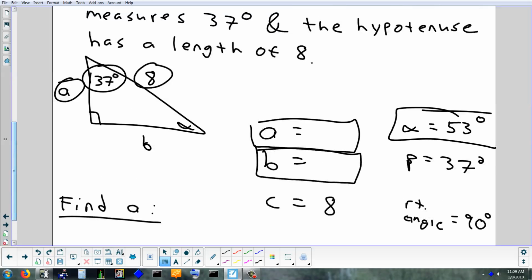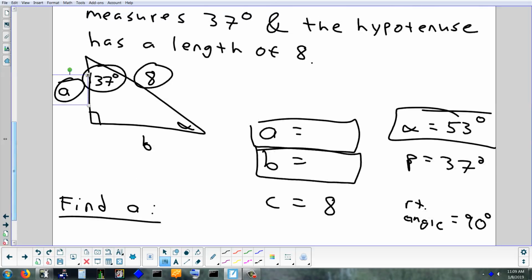Now, I've got to figure out which trig function to use. It's either sine, cosine, or tangent. The side that's labeled A, is that opposite, adjacent, or hypotenuse to the 37? Yep. It's adjacent. So we're looking for a trig function with adjacent.